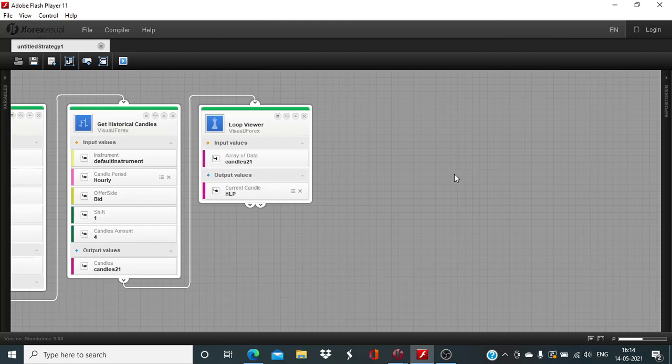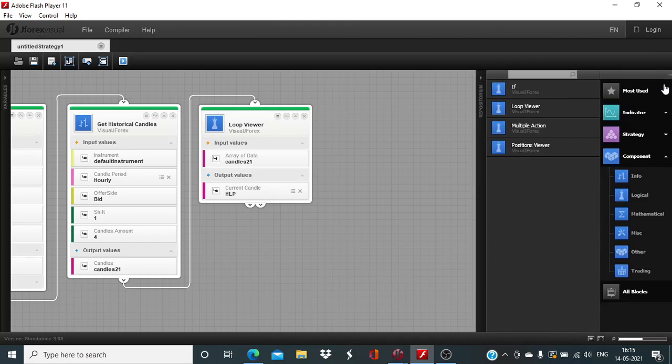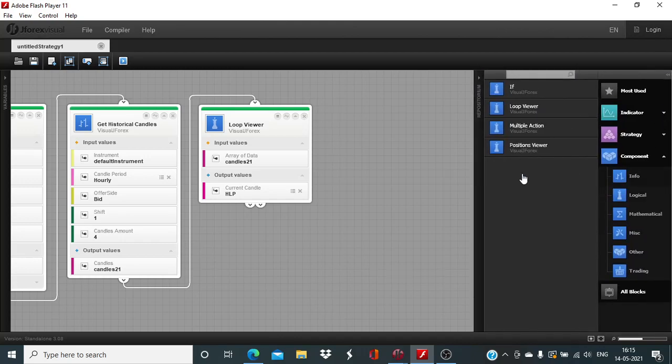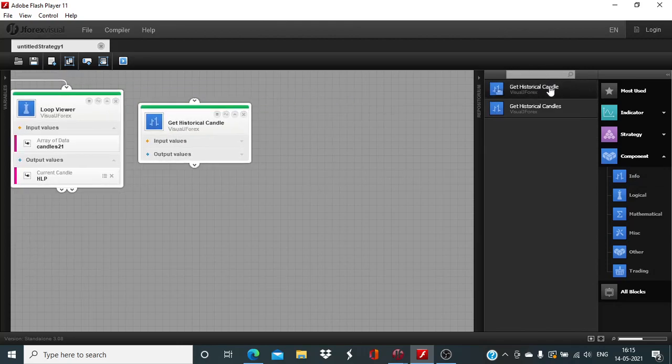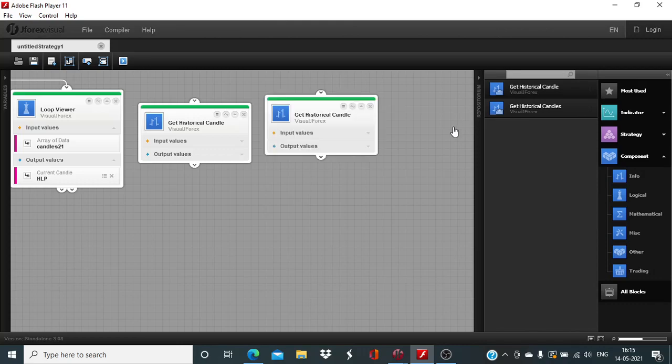Okay, and to look at the immediate price action, we will also be using the last 15-minute candle. So one more get historical candle of 15 minutes will be needed. Info, and 2 more of 10 seconds.